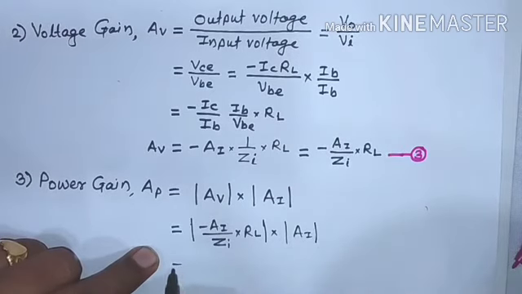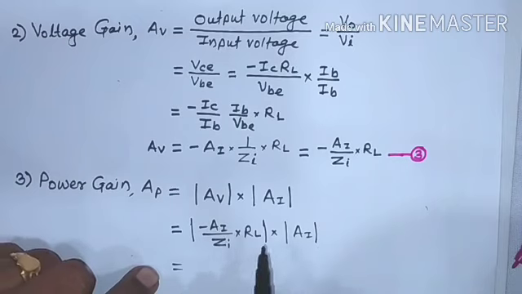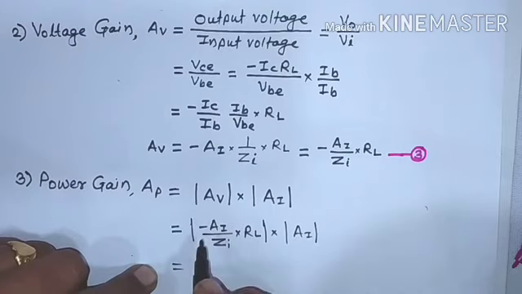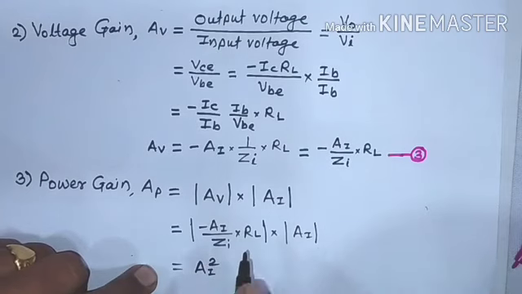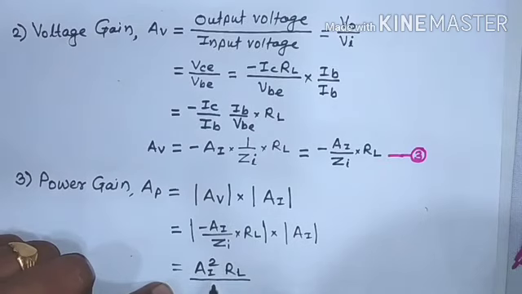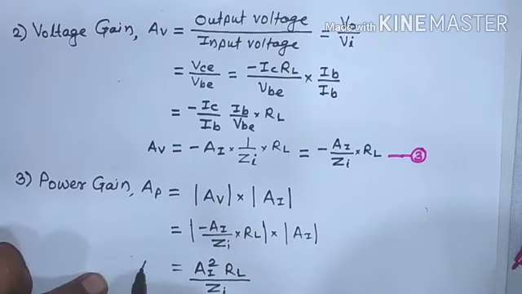And finally we can write this same equation here, AI, so we will get its square, so we can write this as AI square, that means current gain squared, into RL upon ZI, and this is nothing but the equation for power gain, so it is AP.